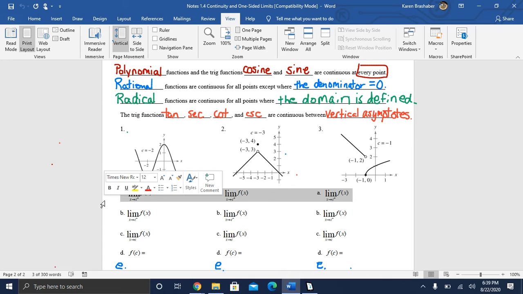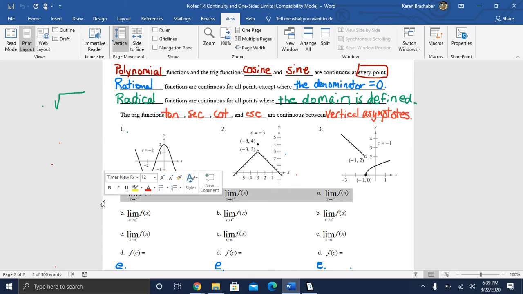And then radical functions. Radical functions are your root functions, like a square root or a third root. Those are continuous for all points where the domain is defined. So for third root functions or odd root functions, that would be from negative infinity to infinity.